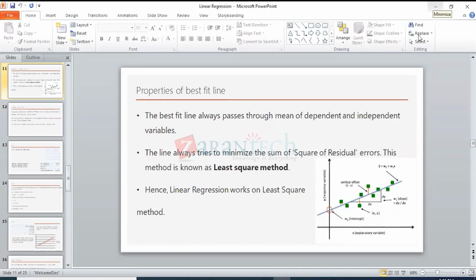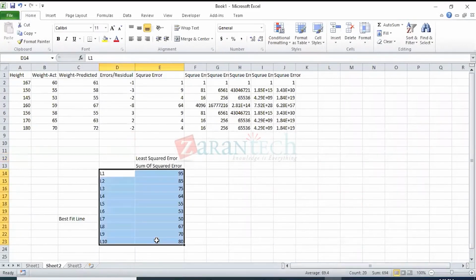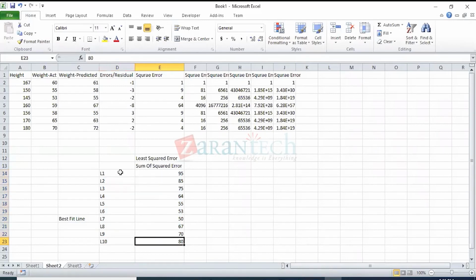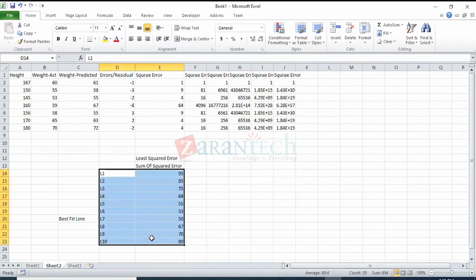This least square method tries to minimize the sum of squared errors to fit my best fit line. Okay, any doubts? Guys, any doubts?